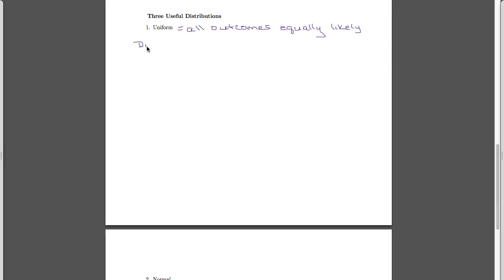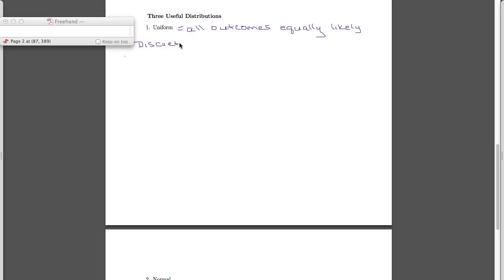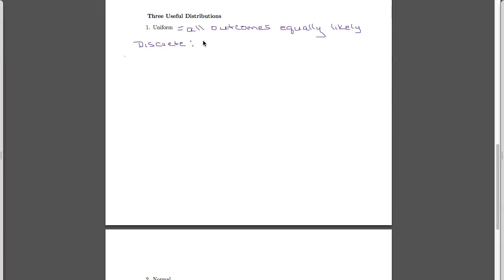So if your process is discrete, let's say that your experiment has n outcomes, and we'll denote those with x1, x2, x3, all the way up through xn.